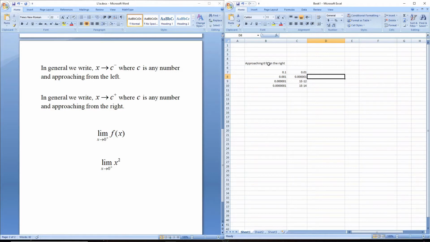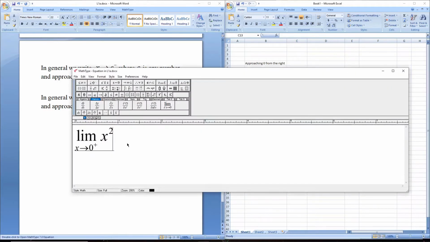As x approaches 0 from the right, we notice by inspection, by simply looking at our table, that the outputs are also going to 0. So this is just from inspection by looking at our numbers. And so then we would say that this limit equals 0.